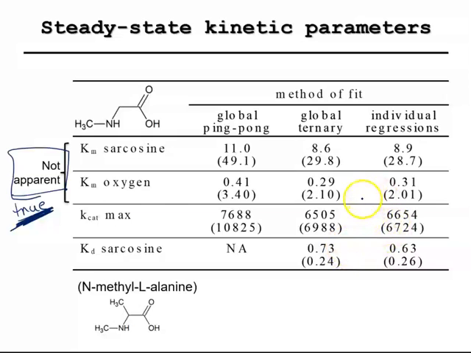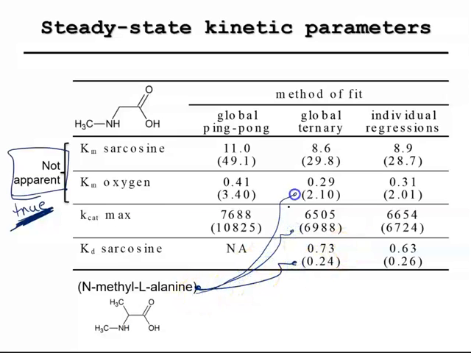And by doing this, I was able to also clarify what is the mechanism for the enzyme. As far as, does it go by a ping pong mechanism? Does it go by a ternary mechanism? And the values that you see in parentheses were the values obtained with the N-methyl-L-alanine.